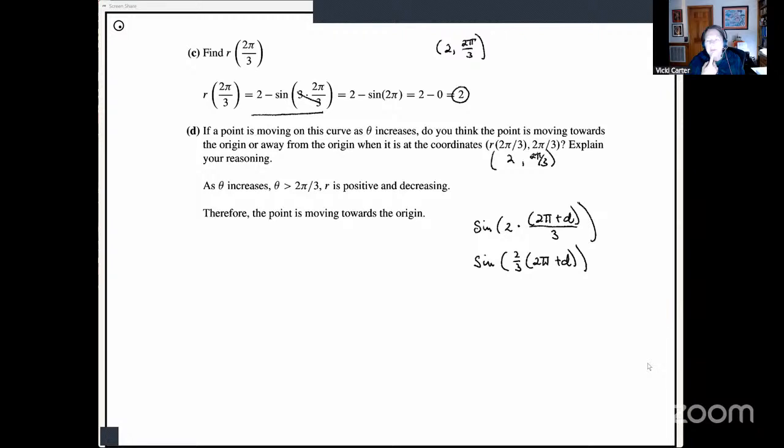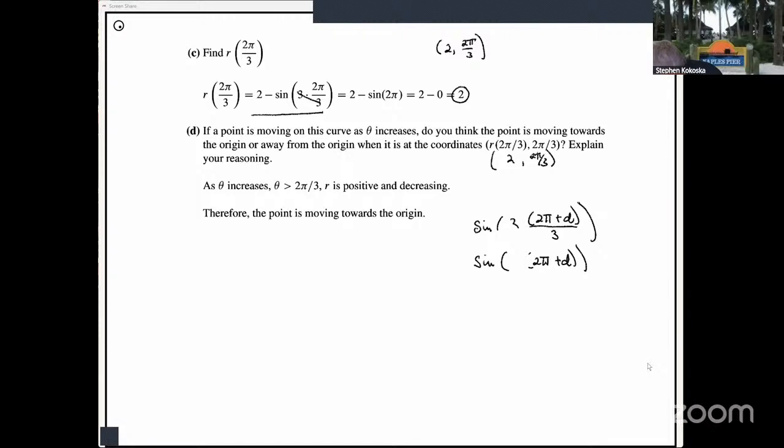Steve, shouldn't that be 3? Oh, I think it should. I apologize. Yeah, that makes it a little easier to see, isn't it? Let's make that a 3. Thank you, Vicky. I apologize. So now it's just 2 pi plus a little bit.